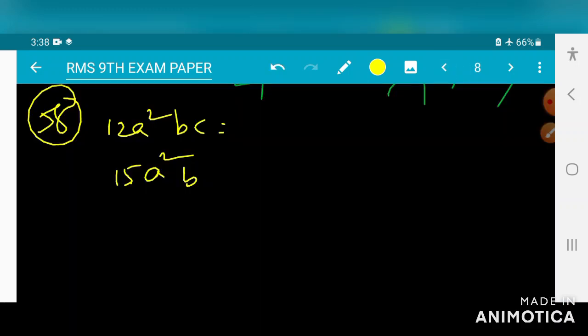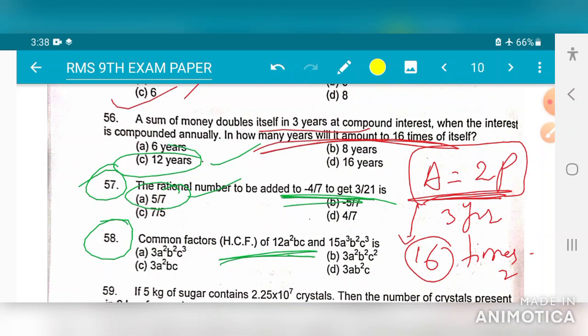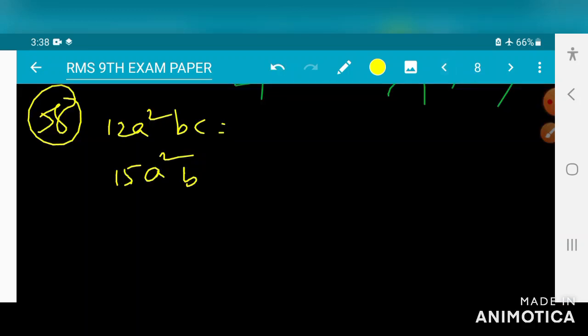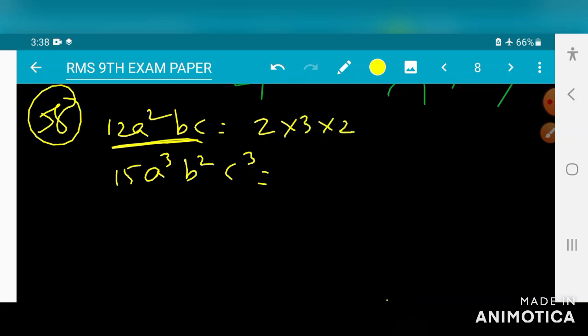This is the given. See here, factorize this one. 12 is 2 into 3 into 2, a square is a into a, then b, then c.